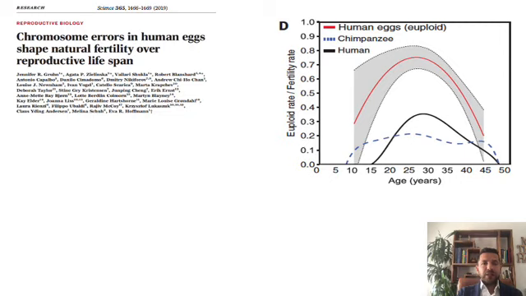Very recently, in a study led by Professor Eva Hoffman, we got a direct observation from a large dataset of human oocytes donated for research by women across the broad spectrum of reproductive lifespan, showing that aneuploidies can affect between 20 to 85% of human eggs, and that this rate of aneuploidies, as you can see here, follows a U-curve that perfectly matches the natural fertility curve of women between the menarche and the menopause, clearly highlighting how meiotically derived aneuploidies are for sure the main determinant factor for reproduction in humans, and also the main cause of unsuccessful IVF treatment cycles, particularly for women of advanced reproductive age.